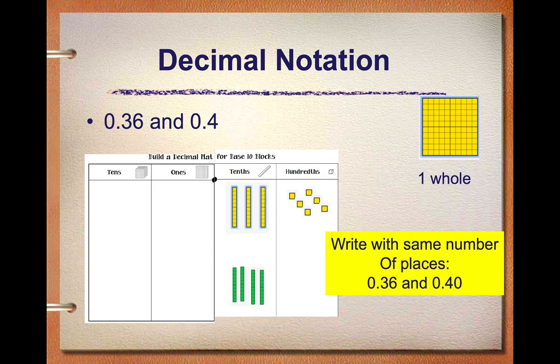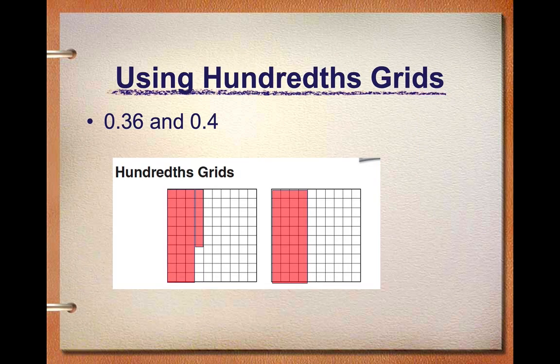If we looked at 2 decimal places, to the hundredths, and add that 0 on the 4, instead of 4/10ths it would be equivalent to 40 hundredths, same number. And 40 hundredths and 36 hundredths make a nice way to compare, because we know 40 is more than 36, and now we're comparing the same size pieces. So 40 hundredths is of course more than 36 hundredths. We have more of those pieces.